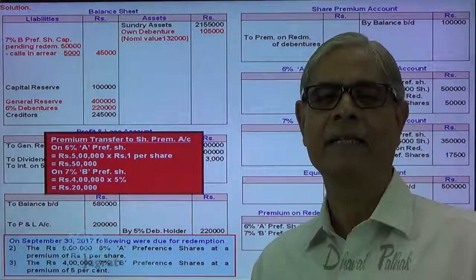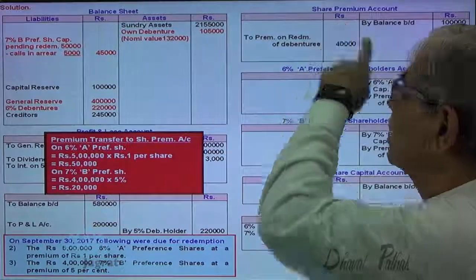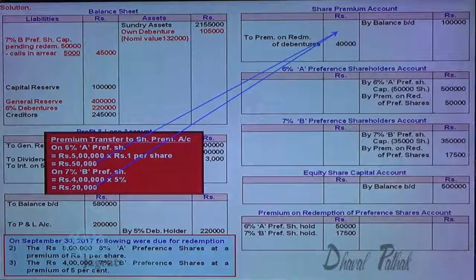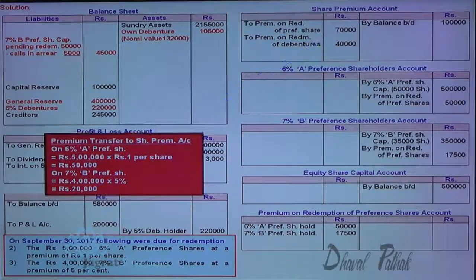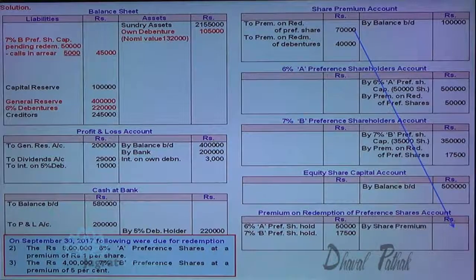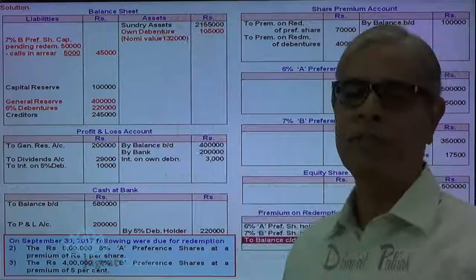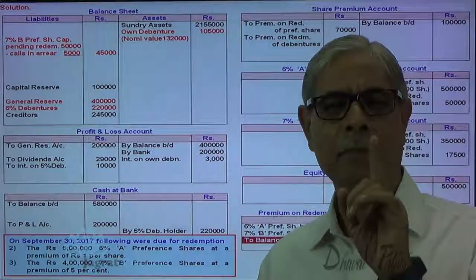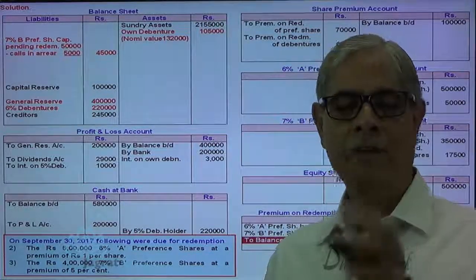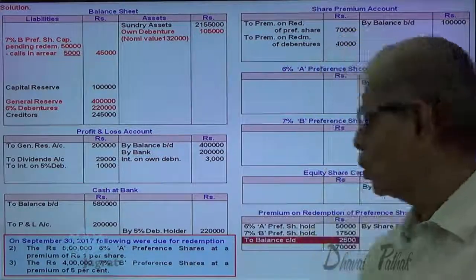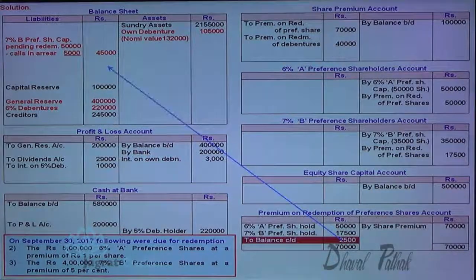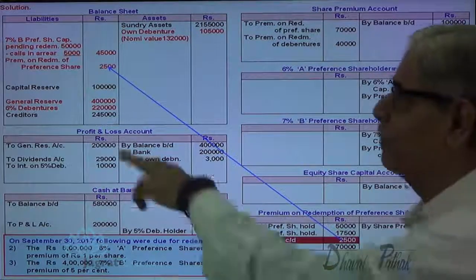So total 70,000 redemption premium should be written off against securities premium. So share premium account debit 70,000 to preference redemption premium account. And there will be a liability of 2,500 redemption premium on this 50,000, and that redemption premium liability will be reported in the balance sheet. So I will transfer this 2,500 preference redemption premium.